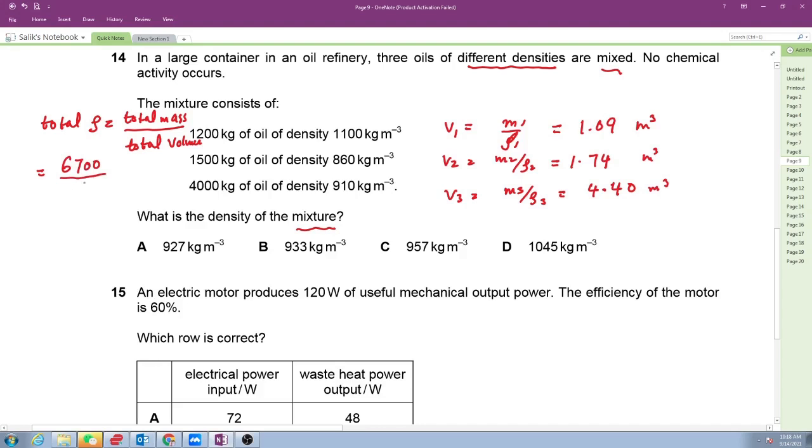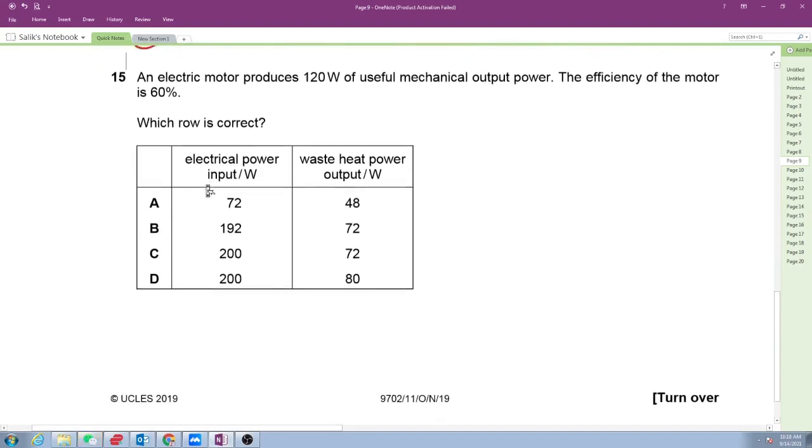Divide by the sum of these volumes, which comes to almost 7.23, and you get the density. That is 927, so answer A is correct. First you find the total volume, then sum up the total mass, and you get the answer.